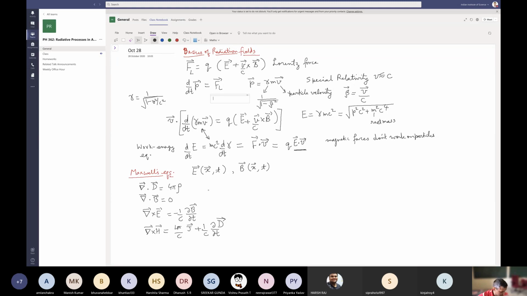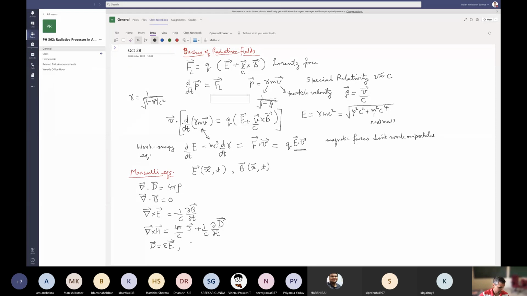Okay, so I've introduced some new fields here, so let me finish. D equals epsilon E. This is called the displacement field, and it's related to the electric field by this permittivity tensor, or dielectric tensor.